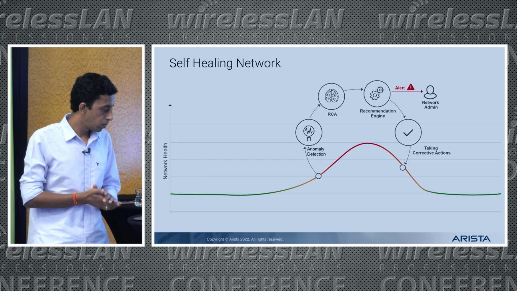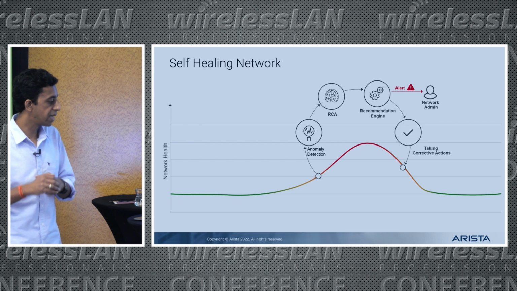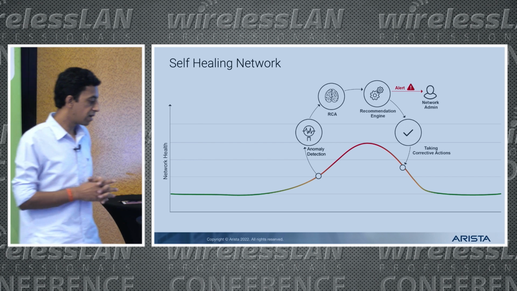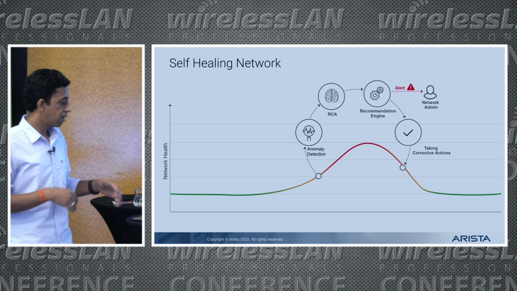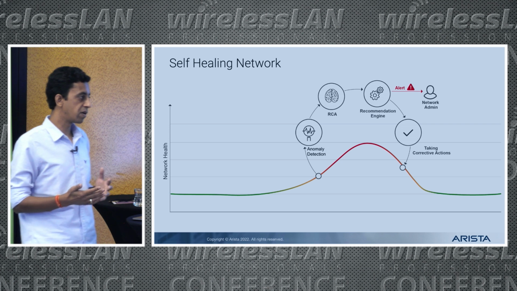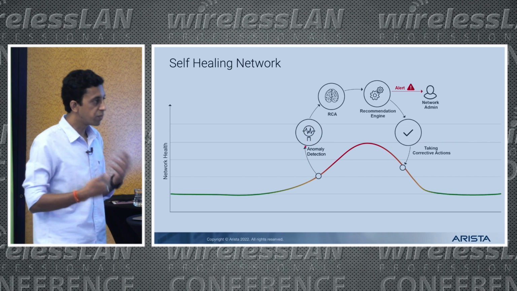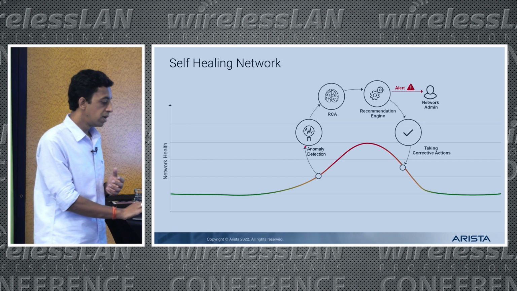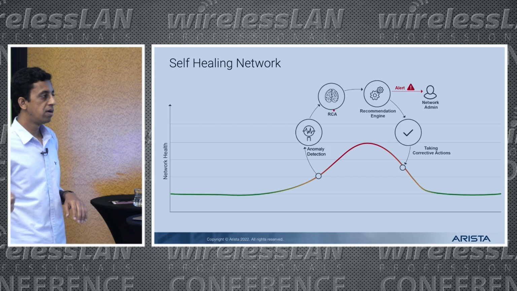And this is what takes us towards this concept of a self-healing network, where you basically are monitoring the network, right? Some parameters, some symptom of the network, and you do anomaly detection on those parameters to see what's going on. The next step really is doing root cause analysis, right? So you see that there is an issue, right?